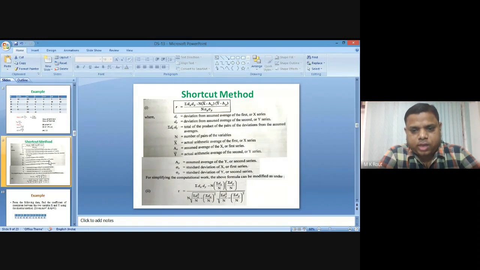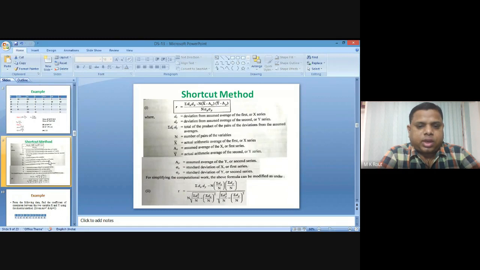It is my advice to all of you, just note down the notation for understanding of this particular numerical. dx stands for deviation from assumed average of the first, or you can say the x series. Similarly, dy is the deviation from assumed average of the second series. Summation of dx into dy is the total of the product of the pair of the deviation from the assumed average. And n stands for number of pairs of the variable.